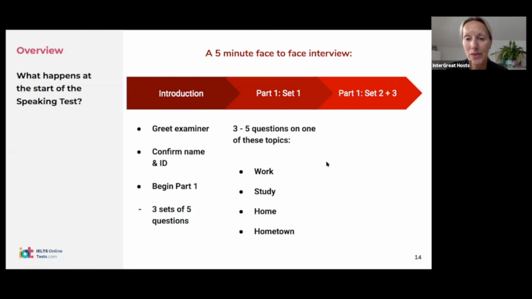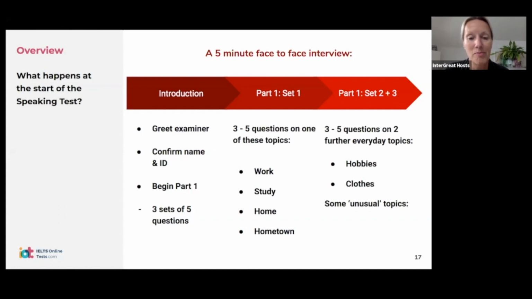And then sets 2 and 3. So another 3 to 5 questions on 2 further everyday topics. Some of them you've mentioned. Okay, hobbies and clothes. And also some unusual topics. So people that have maybe done this before, do you remember the unusual topics?